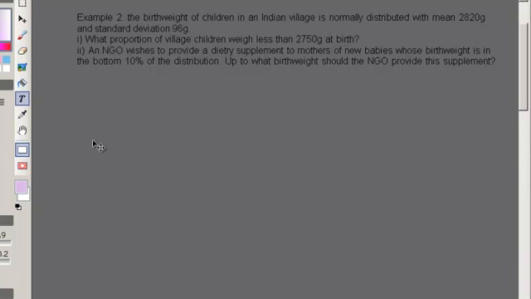So as before, you might find it helpful to think of a distribution of birth weights. Oh no, that's not going to do. Bit more room.